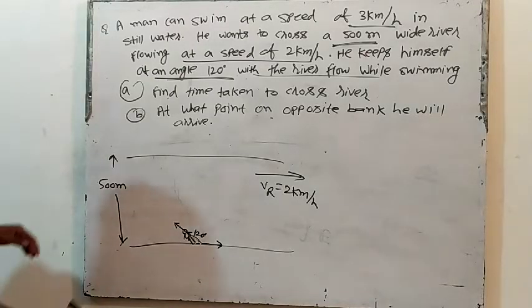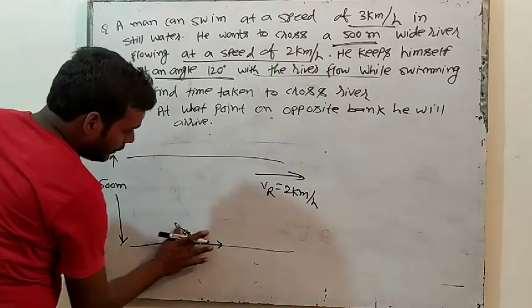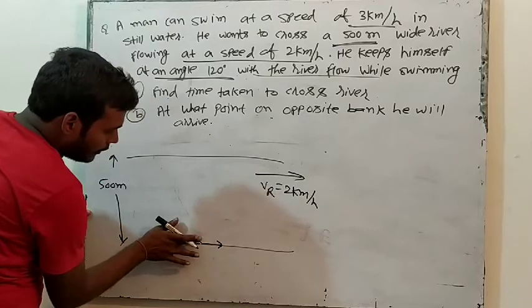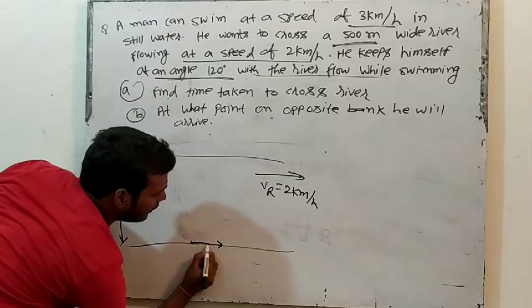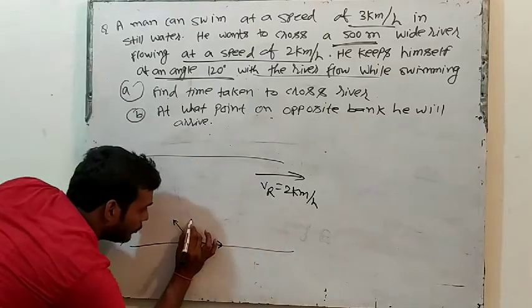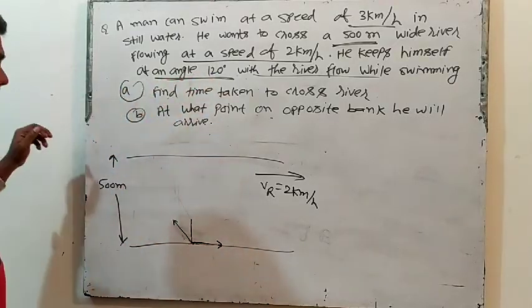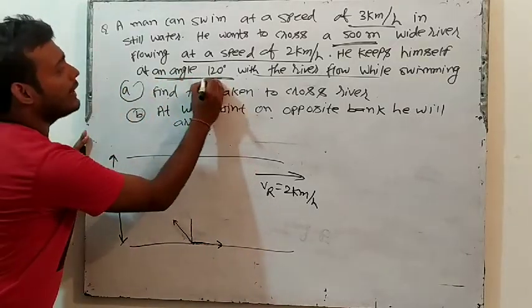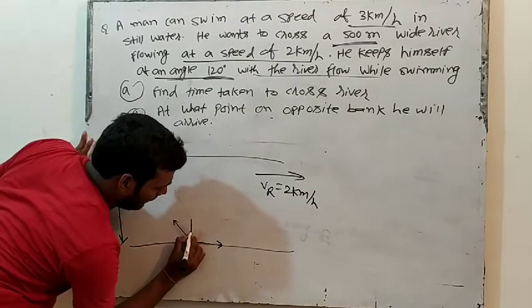Suppose I am making this figure again. Suppose this is our river and this angle is 120, I am doing a construction. So this angle will be 90, I have made it vertical.